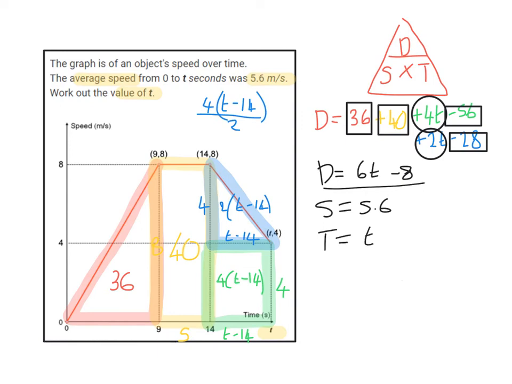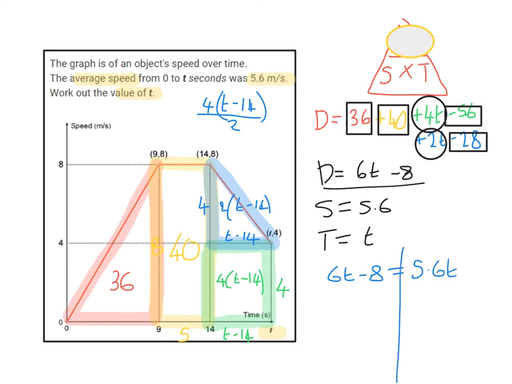So if I go back to my D-S-T triangle, what I'm going to do to make it easiest is I'm going to cover up the D. So I know that whatever D was, and I've got what D was, D was 6t minus 8, is equal to S times t. S was 5.6 times t, so 5.6t.